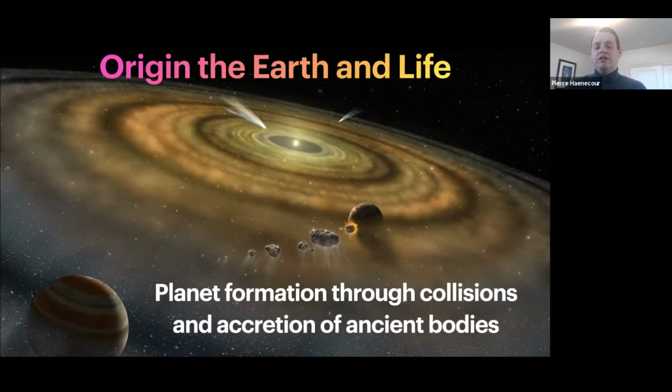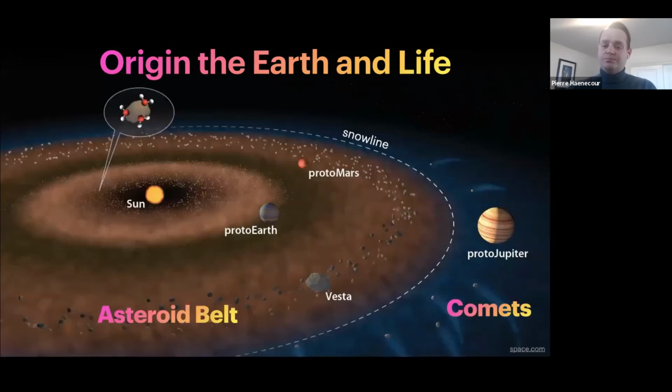So all those leftover bodies, which are asteroids and comets that we find within our solar system, are literally leftover material that was not included in the planets. If you've seen fossils on the Earth, in paleontology for example, they are literally fossils, remnants of the early solar system.